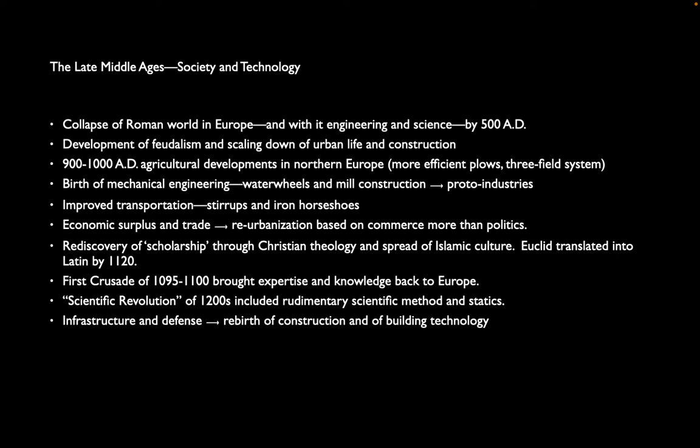We think of these as the quote-unquote Dark Ages, but in fact, if you're a historian of science and technology, you talk about a Renaissance that occurs maybe 500 years before the Renaissance that we think of in architecture or in art history. And that is by the turn of the millennium, by about 900 or 1000 AD, there were significant technological developments in Northern Europe that allowed for much more efficient agriculture.